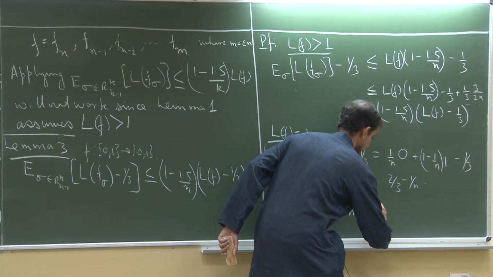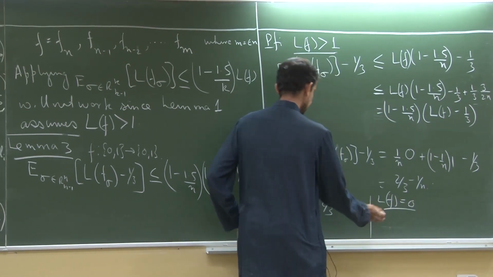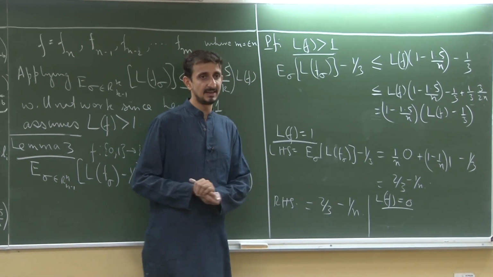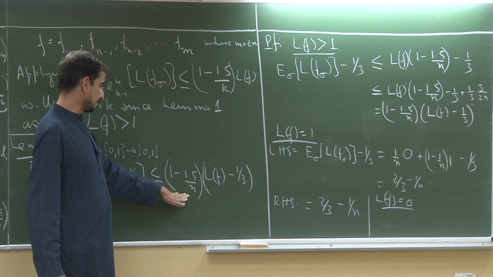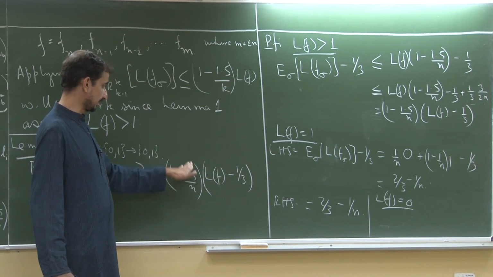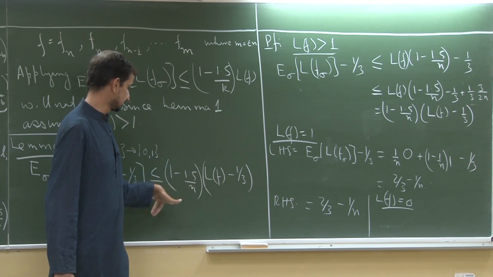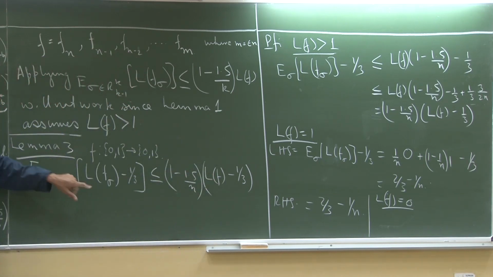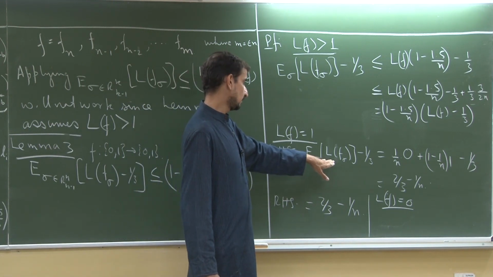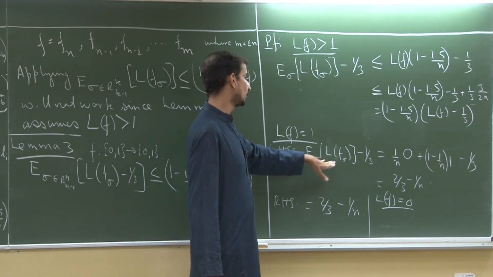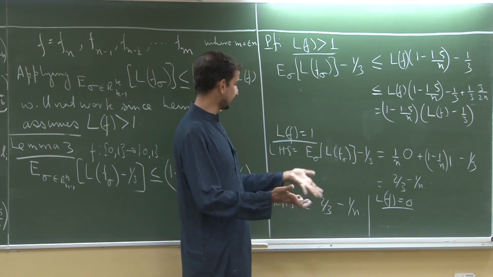The last case is when L of f is equal to 0. You can again verify that in this case also LHS will be less than RHS. If L of f is equal to 0, the right hand side becomes minus 1/3 into this quantity, so it turns out to be between minus 1/3 and 0. The left hand side, the expected size, is 0 because L of f is 0, so even after restricting it becomes 0.